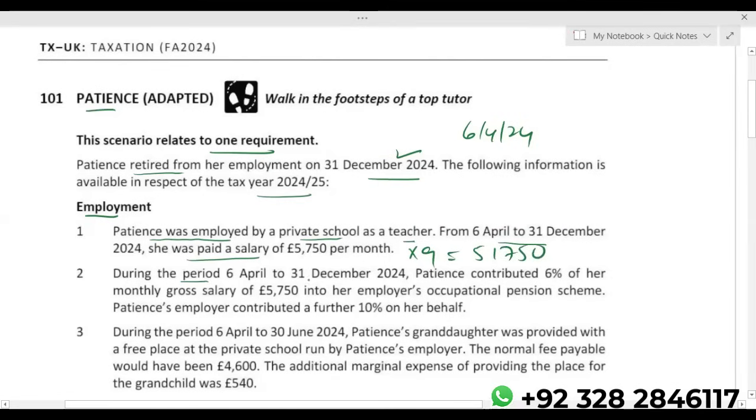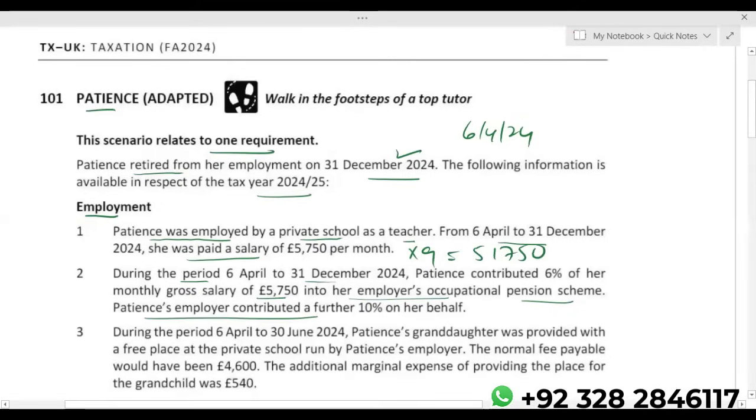During the period 6 April to December 24, Patience contributed 6% of her monthly gross salary of 5,750 into her employer's occupational pension scheme. So look at this repetition of the concept. When an employee contributes to an occupational pension plan, it's a deductible expense for the employee. It reduces the employment income of the employee.